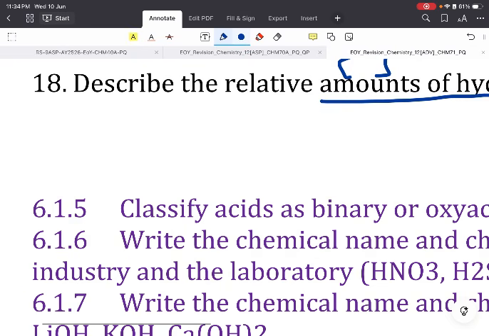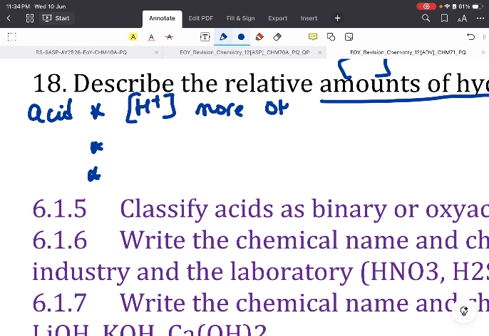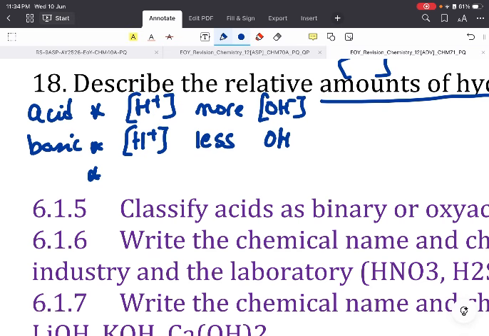I'm just gonna put the key points over here. If I have acidic, H plus is gonna be more than OH minus concentration. If I have basic medium, H plus is gonna be less than OH minus, or I'm just gonna write OH minus is gonna be more than H plus.